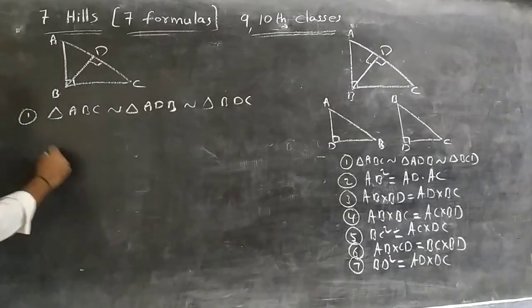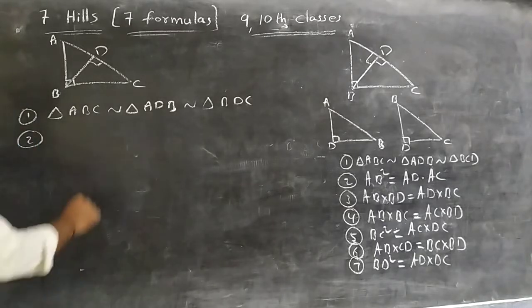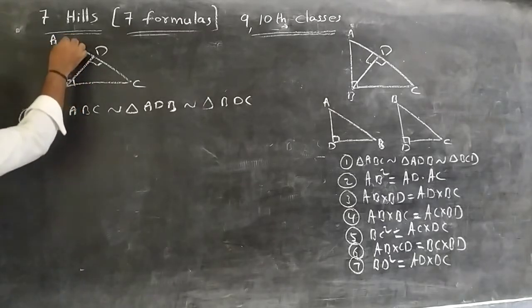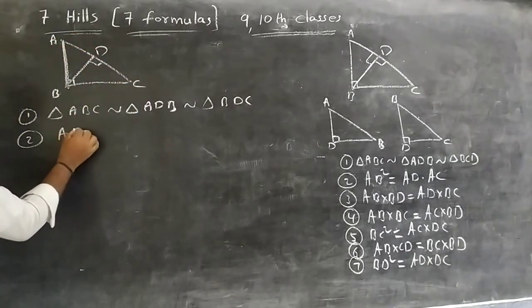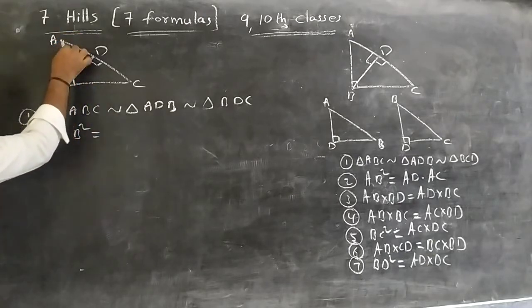The second one is AB square is equal to AD into AC, the first perpendicular side.